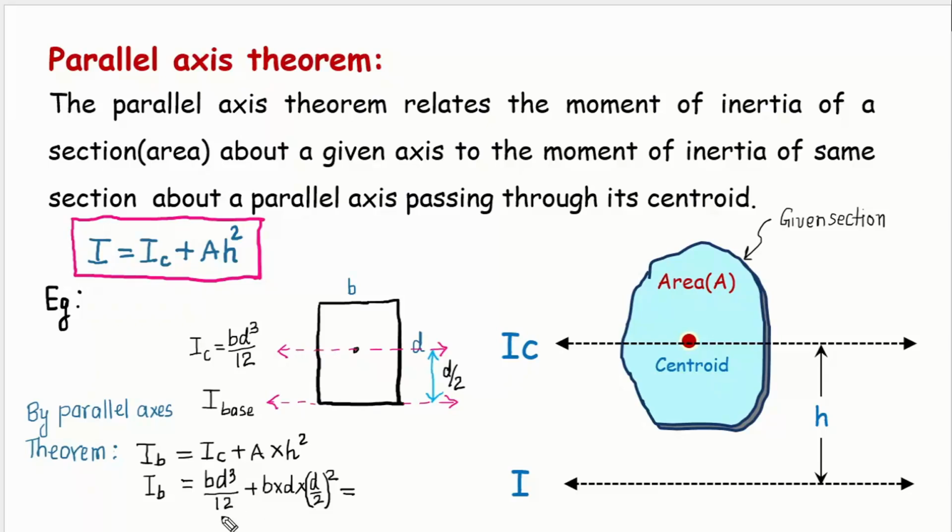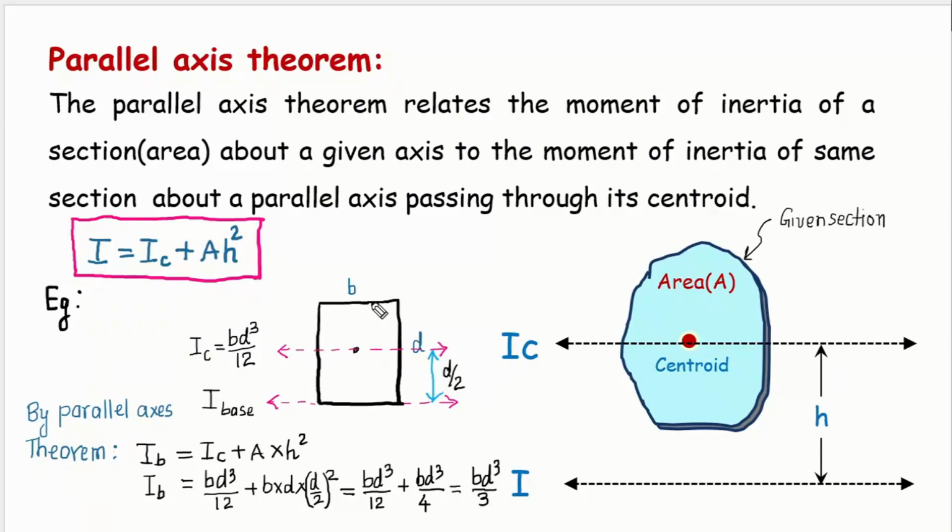So this is BD cube by 12 and this is BD cube by 4. Here I can simplify it by multiplying by 3 in the numerator and denominator. So BD cube plus 3 BD cube by 12, that is 4 BD cube by 12, and 4 by 12 is 1 by 3. So this simplifies to BD cube by 3.